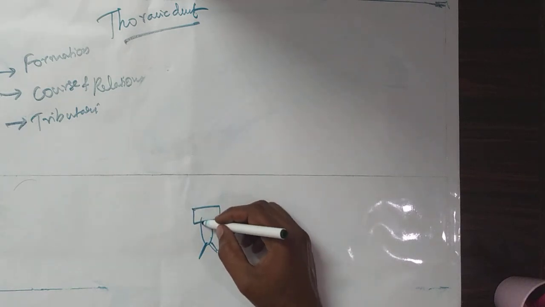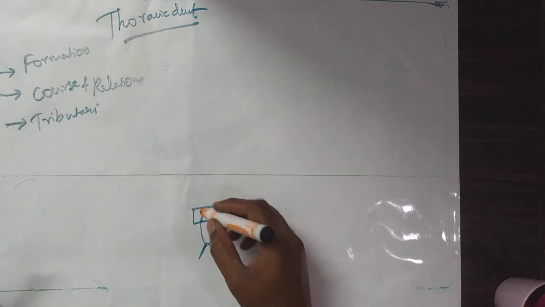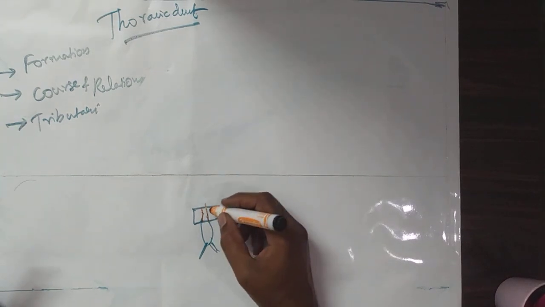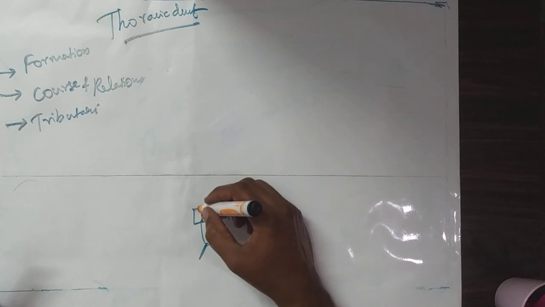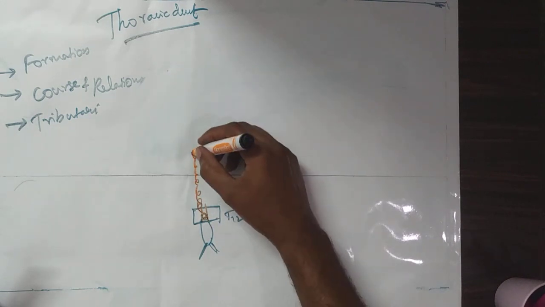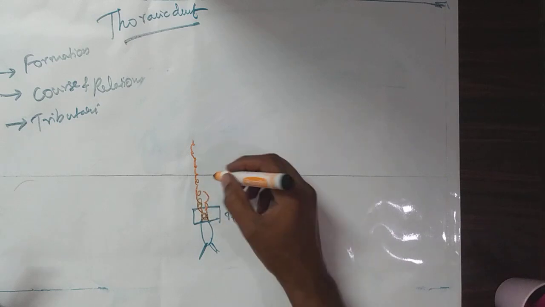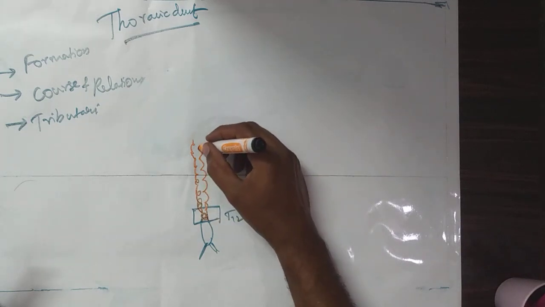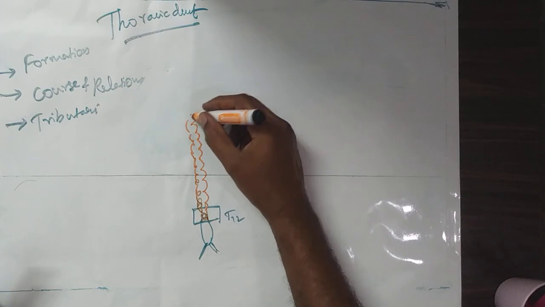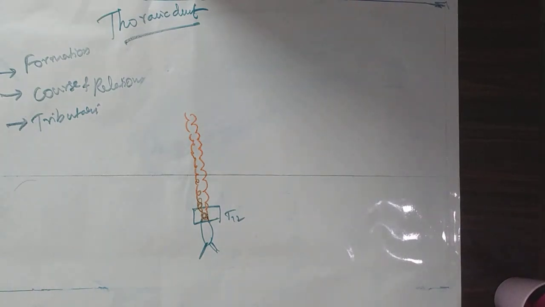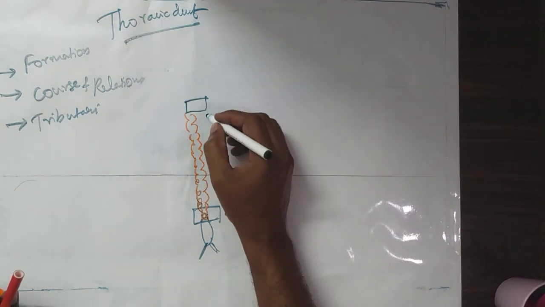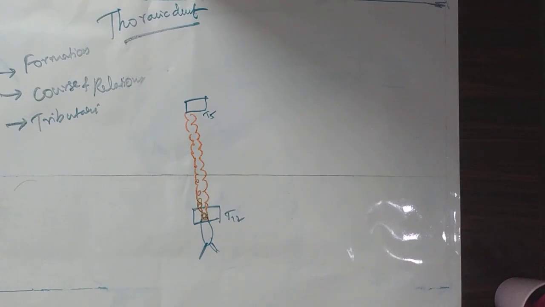From this extension near the lower border of T12, we have this thoracic duct. It's roughly beaded in structure, something like this. Here you need to see it's going closely related with the vertebral column, and at the level of T5 it's changing its course.